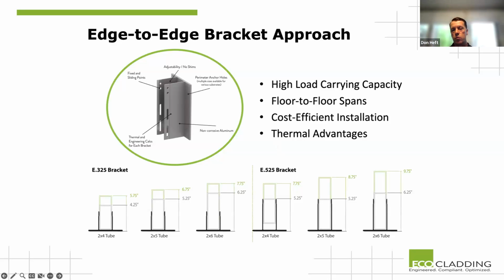But with a system like this, you would anchor back to the wall only at the slab edges, whether the slab edge was 8 foot, 10 foot, or 15 feet, and then we'd integrate a tube system inside of that to create that layer. Then either you could attach directly to that, or you would attach a secondary system outboard of that as well. So it would accommodate either one of those things.